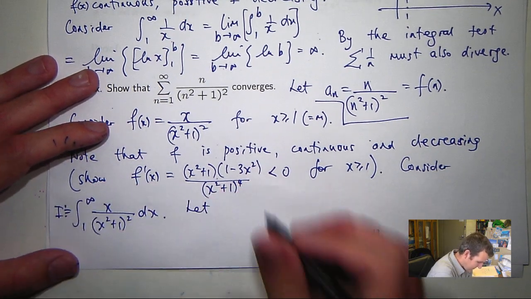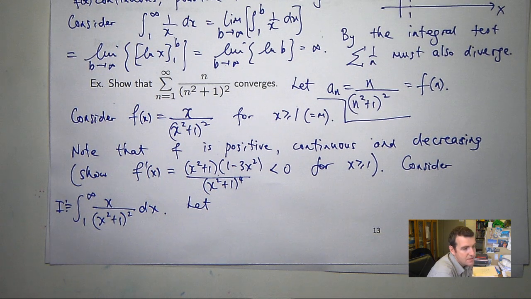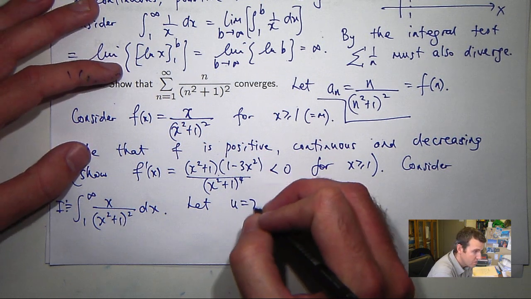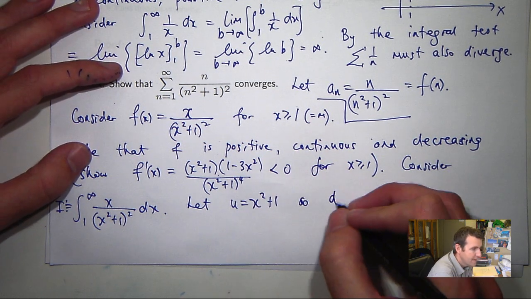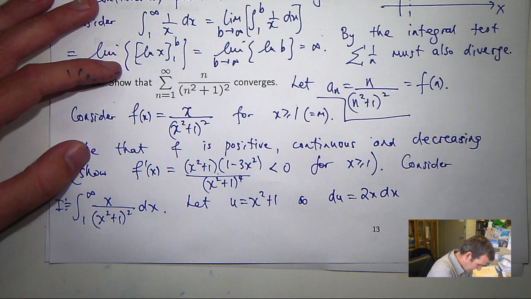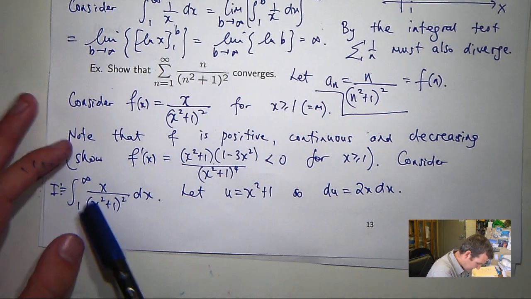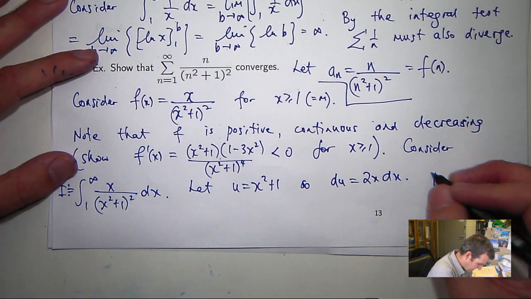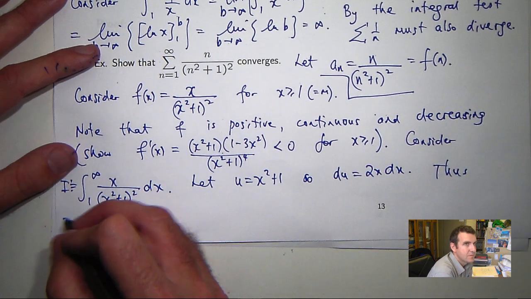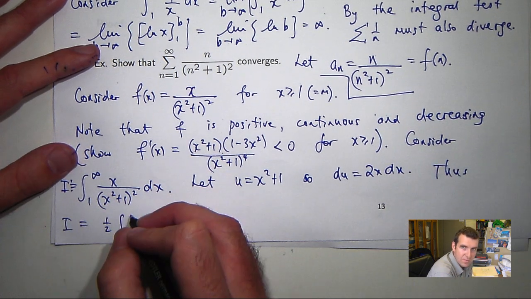Well, there's a few different ways. I'm actually going to do this by substitution, or you can do it by inspection as well if you're strong on integration. It'll be something like 1 on x squared plus 1, which you might have to play with.